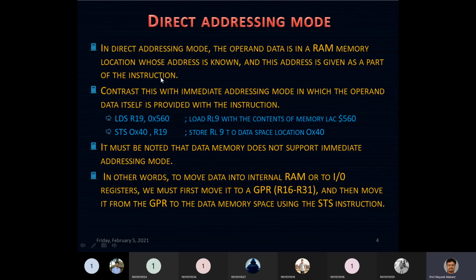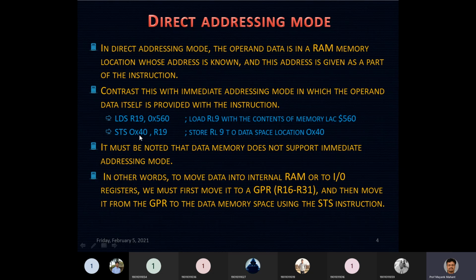In the previous case, the operand itself was provided as data. But in this case, it is an address which is provided as an operand in the instruction. So we have LDS R19, 0x560, with which the data at location 560 would be loaded into R19.